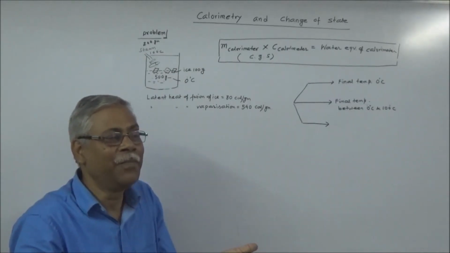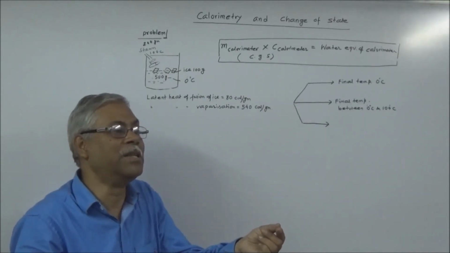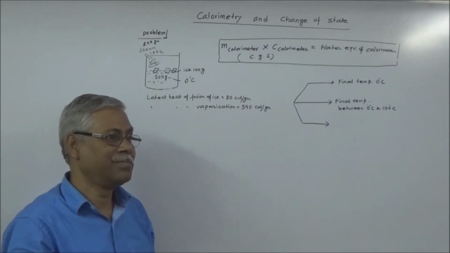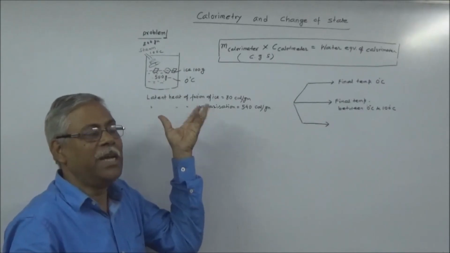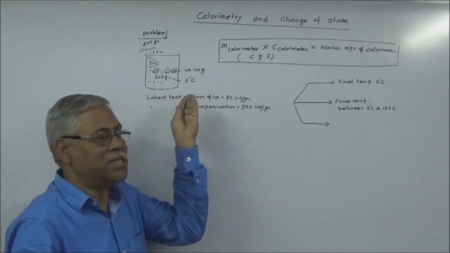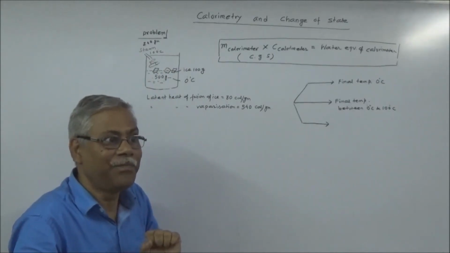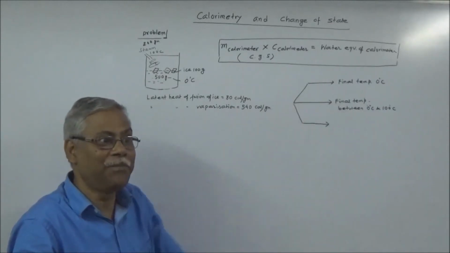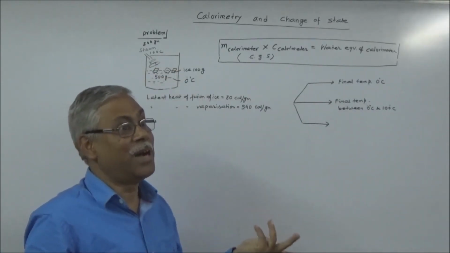It may happen that 150 gram has condensed and remaining 50 gram remains uncondensed. That may happen because ice is cold body. It may condense 150 gram of steam, and it will not be able to condense the remaining 50 gram. So 50 gram steam will be there inside this, and the temperature will be 100 degrees centigrade.